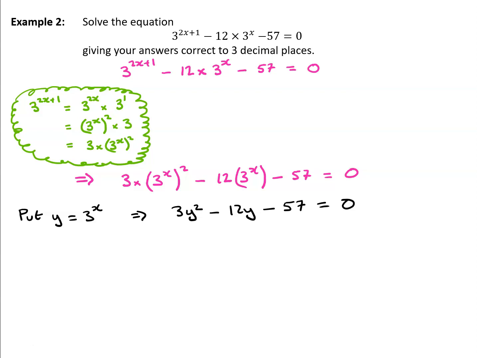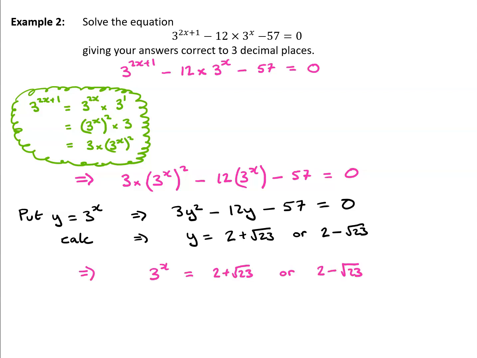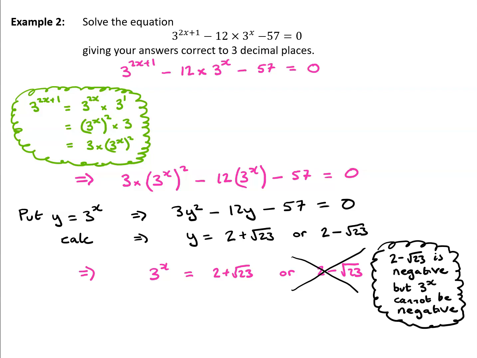Solving that quadratic from the calculator, y is either 2 + √23 or 2 − √23, which tells me that 3^x has to be either 2 + √23 or 2 − √23. Now 2 − √23 is a negative number, whereas we know that 3^x is always a positive number, so we can delete that possibility.